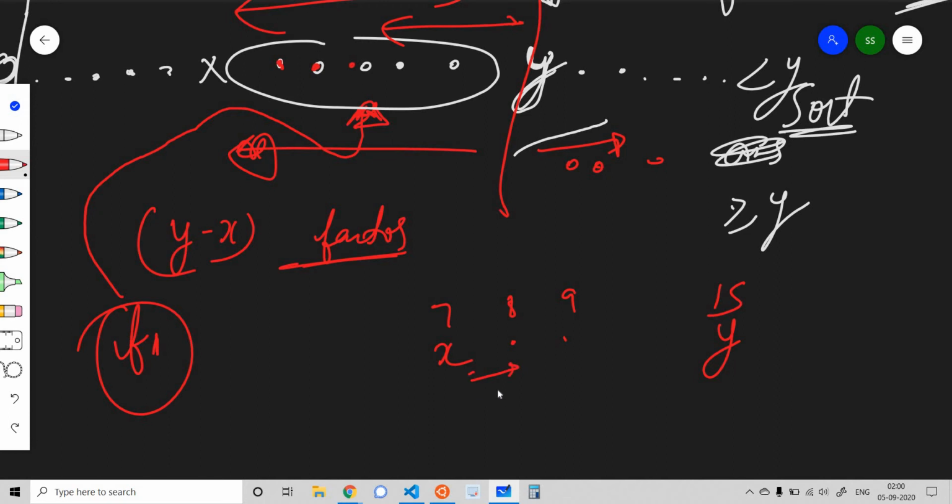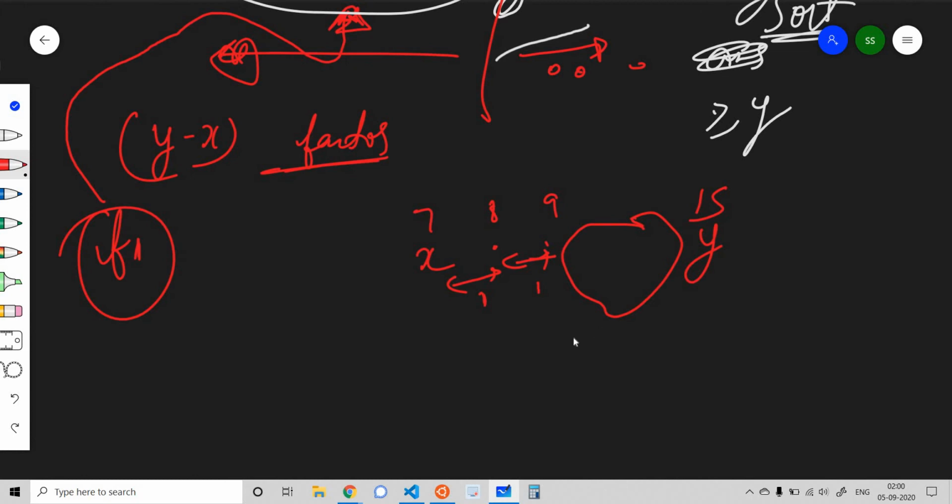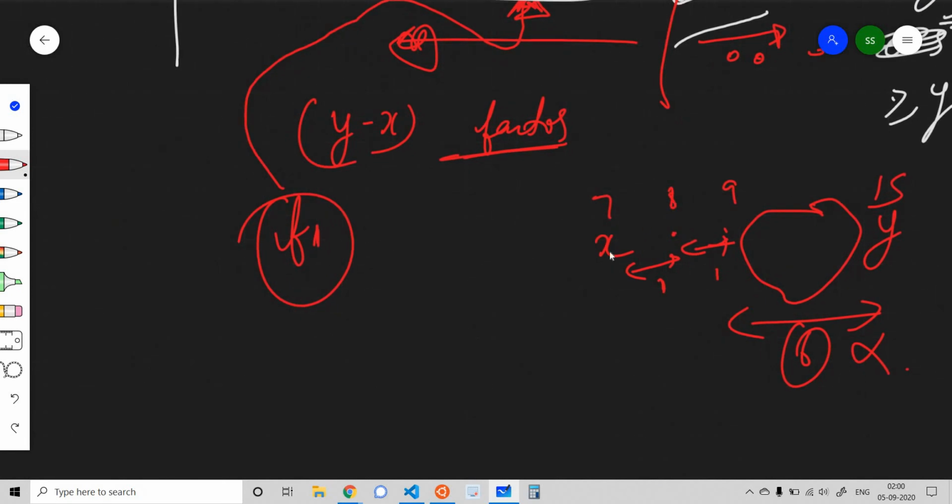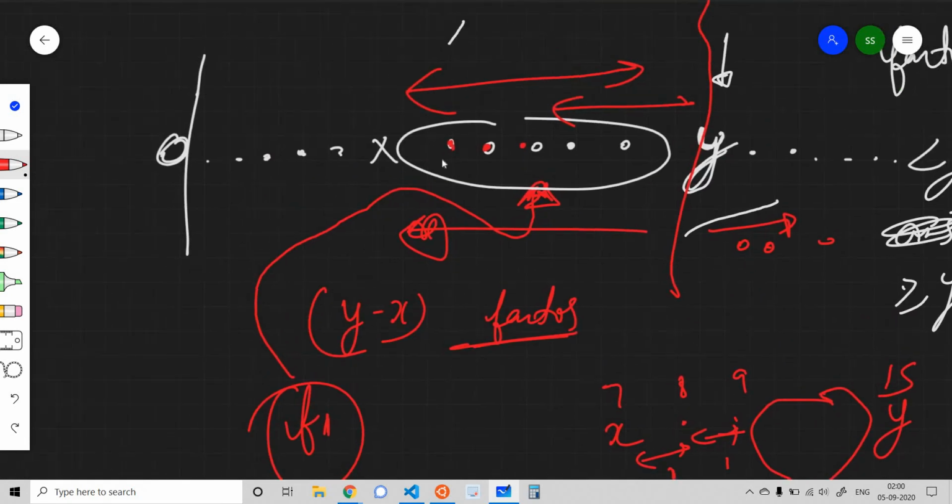It means the difference is 1 between the adjacent elements. And if we left the remaining space vacant, it means the difference between these two elements is 6, but this is not allowed. So one thing we should make sure of is that we fill the whole gap between x and y such that the difference between all the adjacent elements is equal.